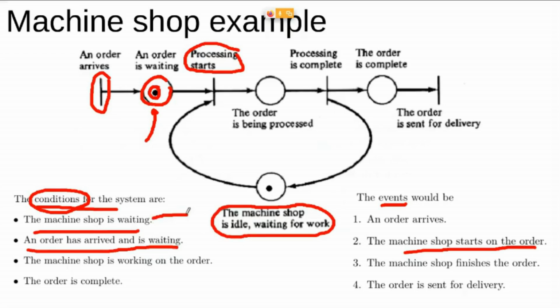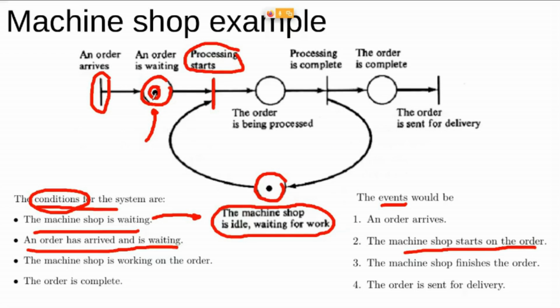That is the first condition. So if both conditions are accomplished, as you can see here, an order is waiting and the machine shop is idle, then at any moment the processing can start.